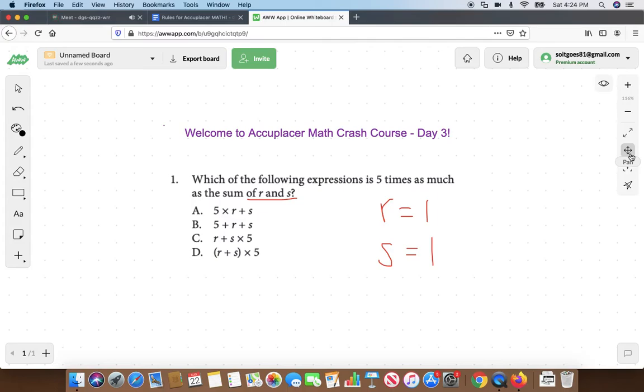Okay, so let's answer that question. What is 5 times the sum of 1 and 1? Let's talk about what sum means. What does sum mean? Sum means addition, right? If I said, what's the sum of 2 and 3, sum means altogether.